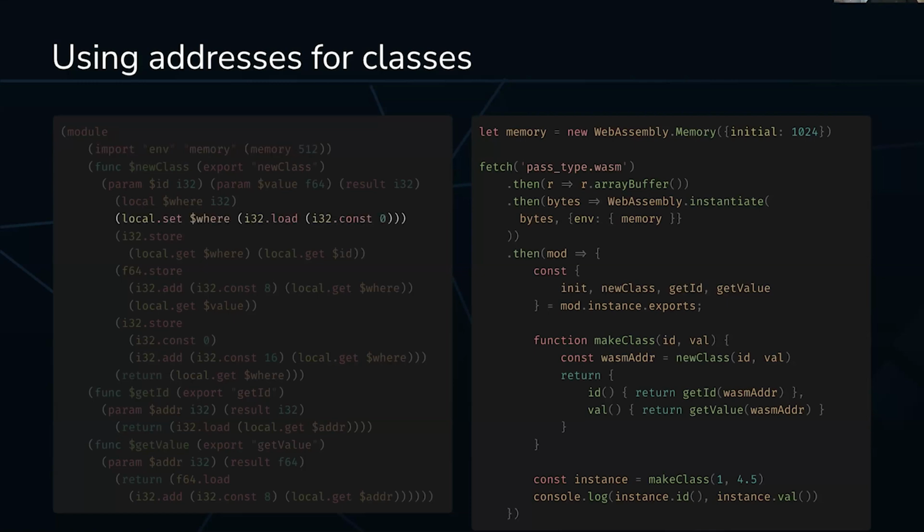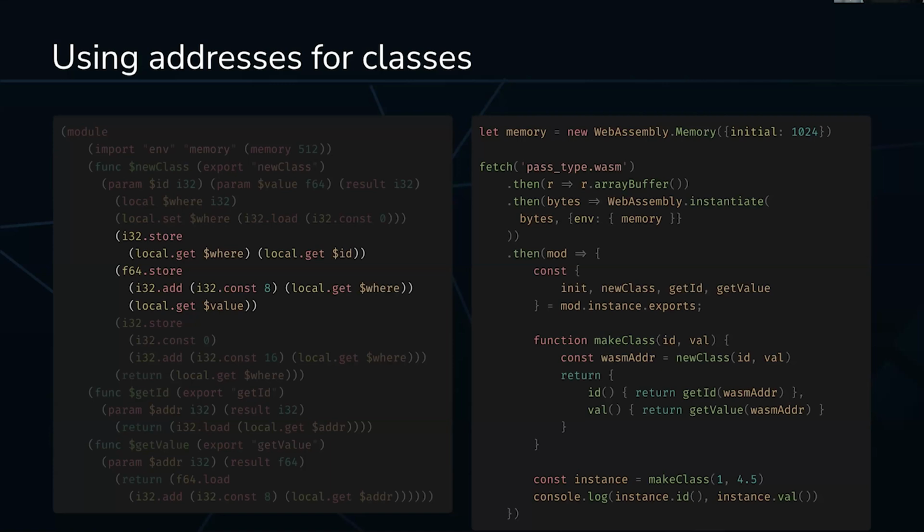Once you have your memory, when you create a class or struct, you need a location. And I just did a very simple allocator where I just store the next address in some byte, and I just say, hey, pull out that address. Generally, you're going to have much more complicated output from your allocator, but you don't care about that because that's handled by your tool chain for you. Once you have the address, you populate the bytes at that address. And so you say, hey, I'm going to put my ID at offset 0 and my value at offset 8.